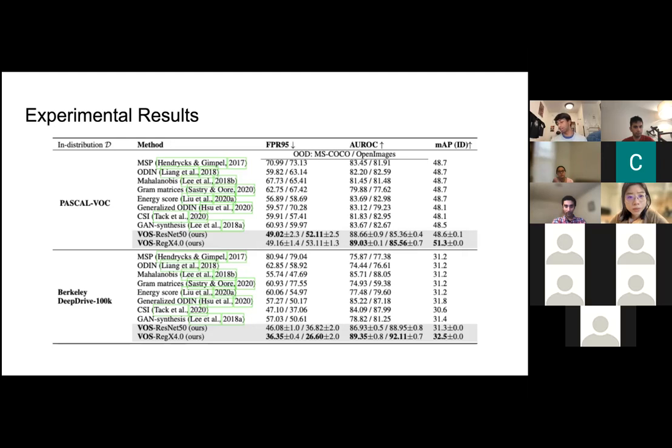They also, interestingly, evaluate against methods that make use of auxiliary data sets, but they point out that this is kind of the opposite of what they're trying to do, right? Auxiliary data sets are difficult to collect, and you have to make sure that they don't have any overlapping regions with in-distribution data sets.